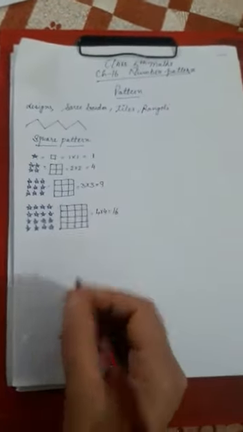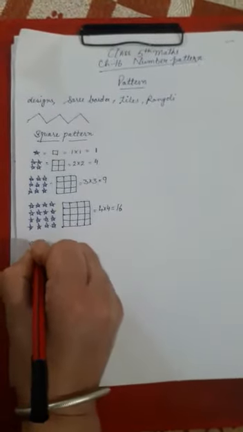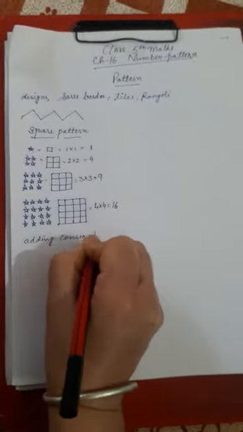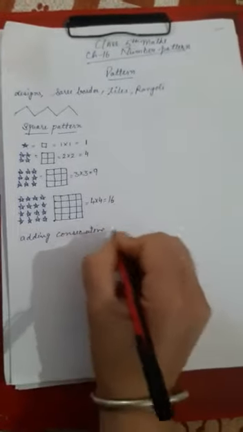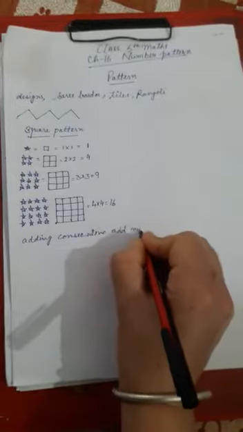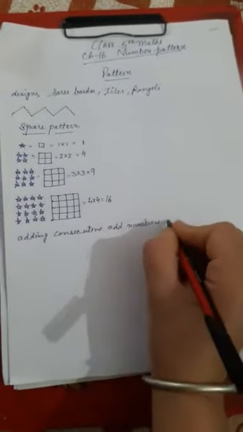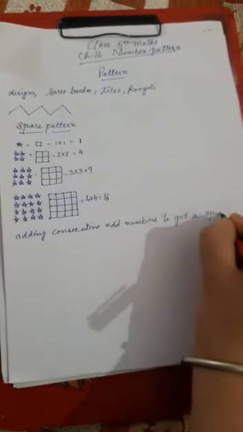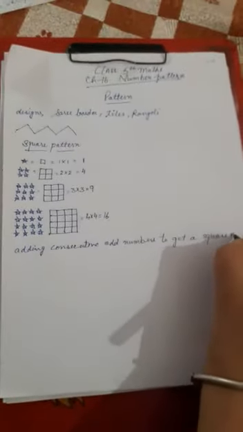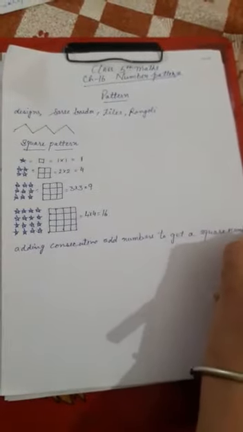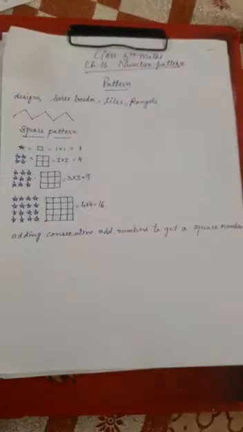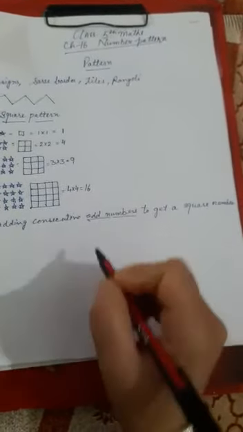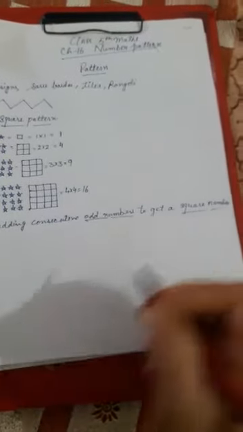Now next thing, adding consecutive odd numbers to get a square number.